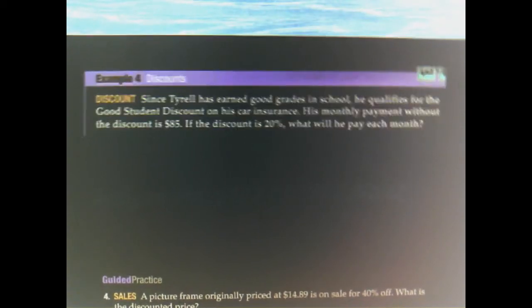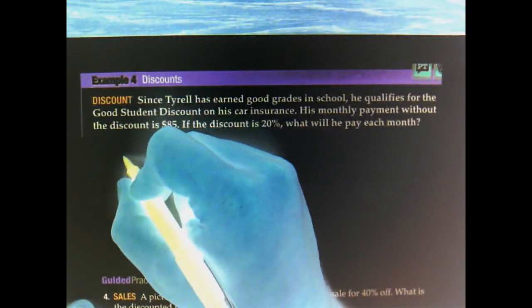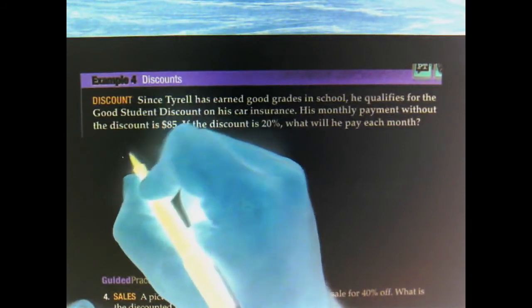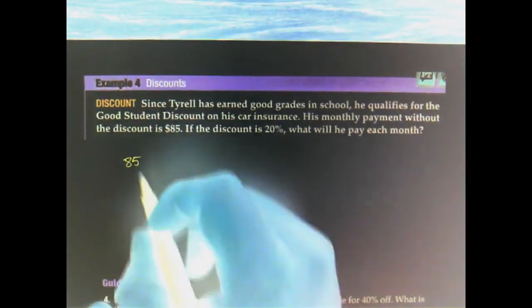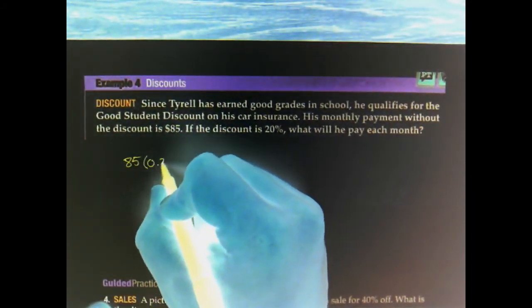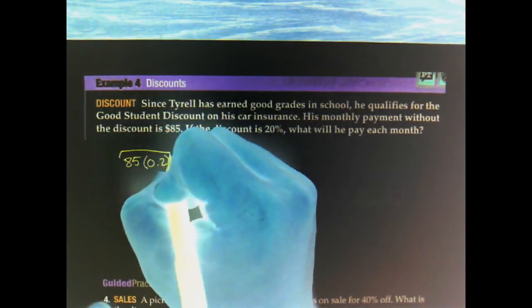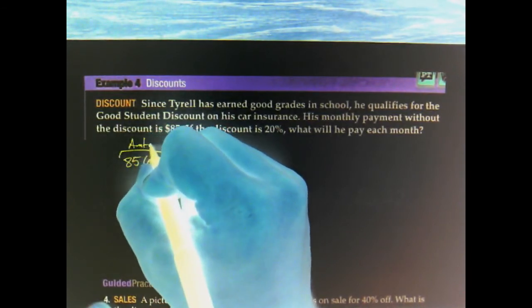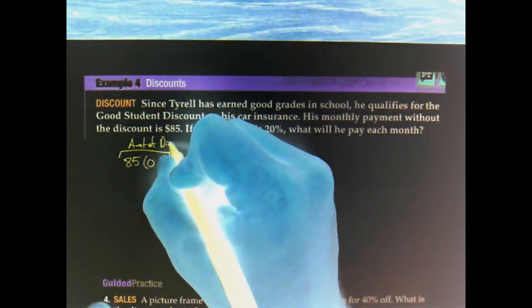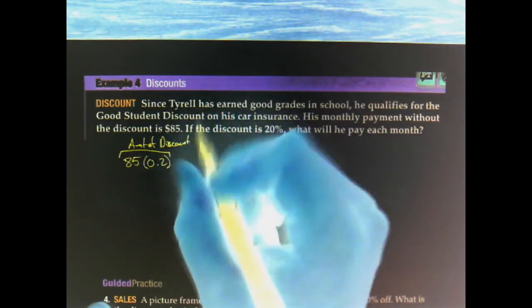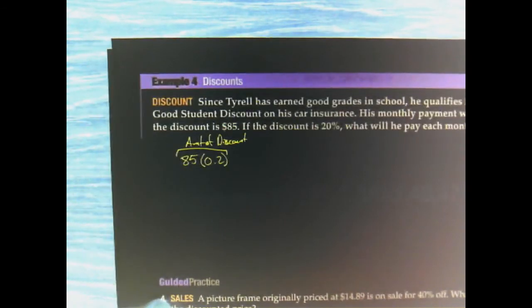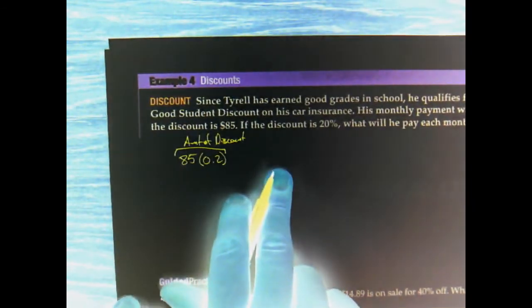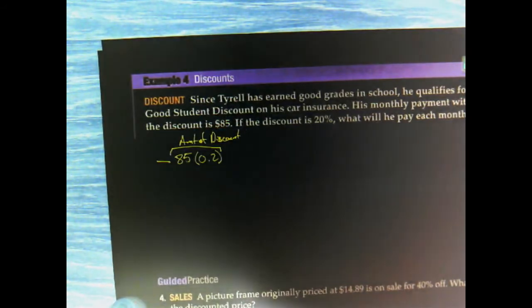So what we can do is the same thing as we did before. We take 85 and multiply it by the amount of the discount, as a decimal. 20%, 0.2. Okay, this represents the amount of the discount. Now, we need to subtract that from our original amount, $85.